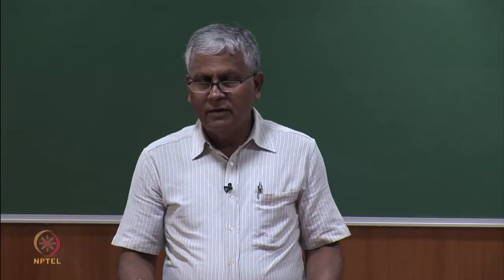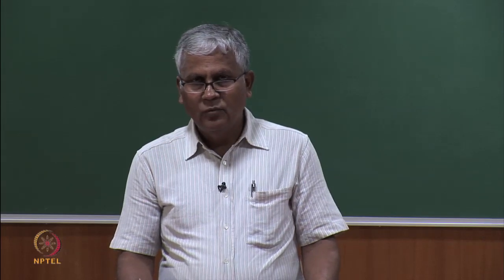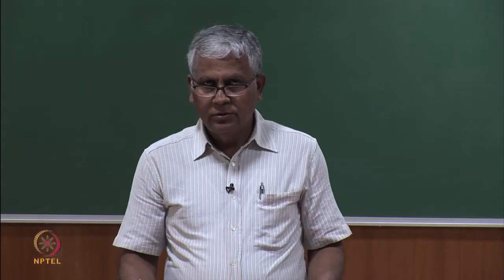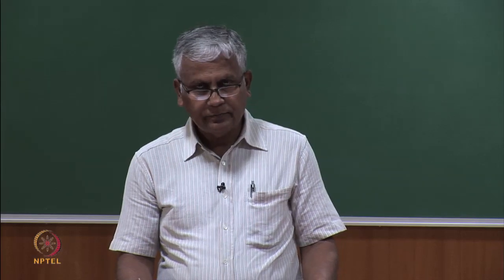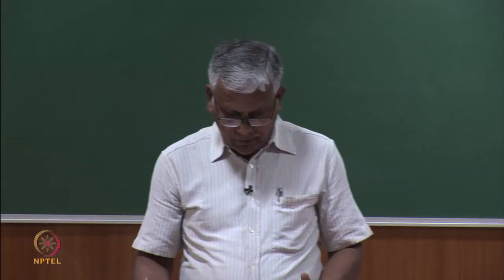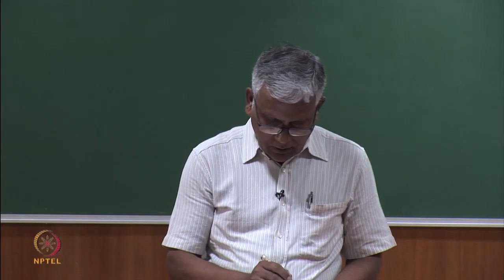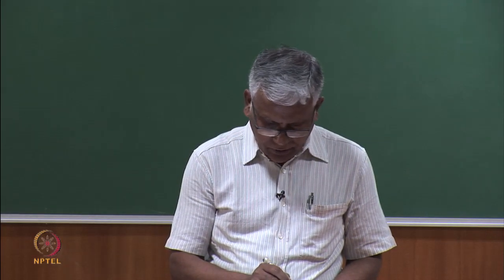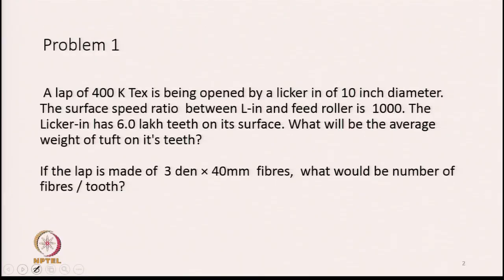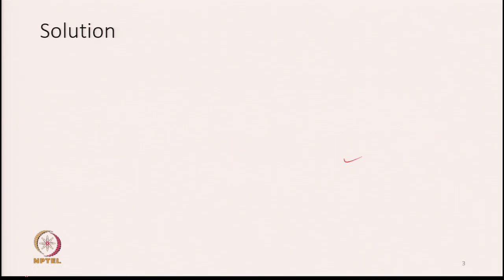So, that is the average tuft size per tooth on the Licker-in. So, this gives you the answer to the first question. Let us go back and see what is the first question which was given. They asked what will be the average weight of tuft on its teeth. So, this answer we have received.